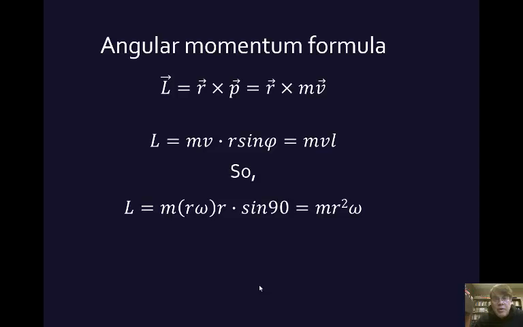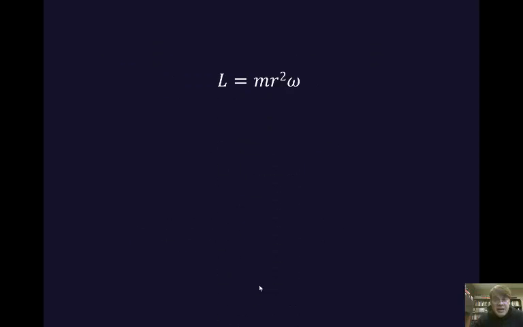Well, you might remember from a previous chapter that mr squared, mass times the radius squared, is another name for I, or the moment of inertia. If I substitute I for mr squared, then I have another formula for angular momentum. Angular momentum is the moment of inertia of a body times its angular velocity.